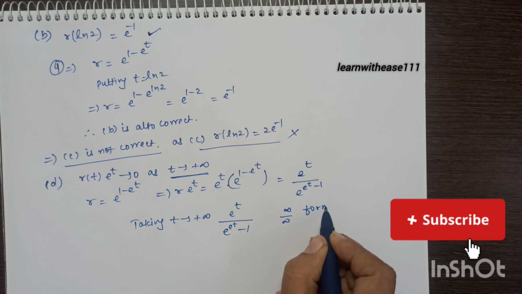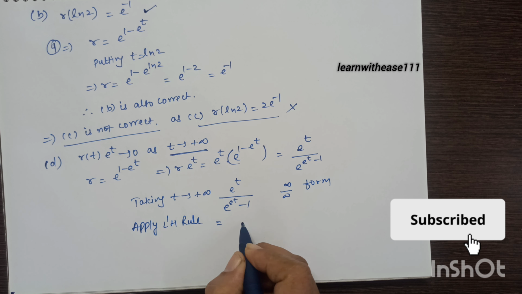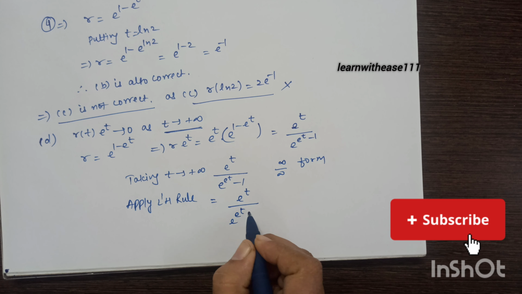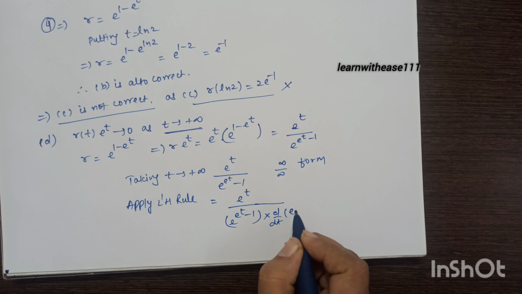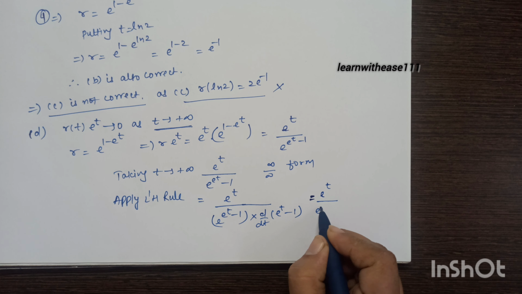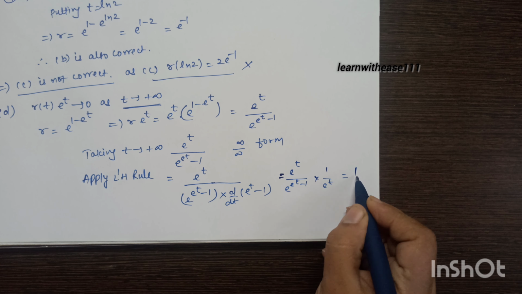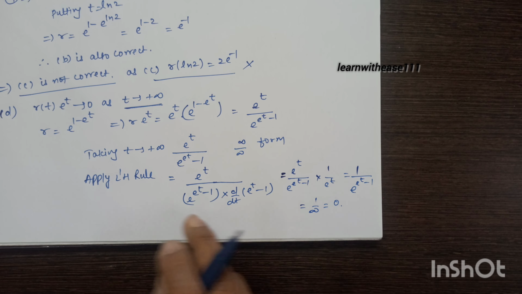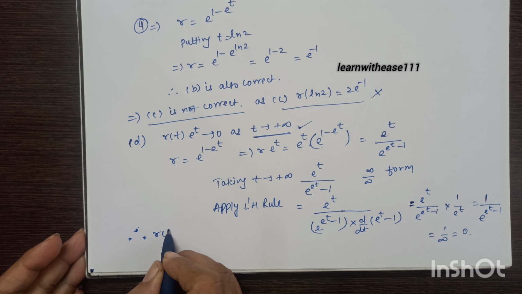So this is infinity by infinity form. We need to apply L'Hospital's rule. This will be e to the power t. Derivative of the denominator will be e to the power t minus 1 into e to the power t. So one e to the power t from the denominator will cancel out with the numerator, and we are left with 1 upon e to the power t minus 1, which is 1 upon infinity, and it's 0. So D is also correct.